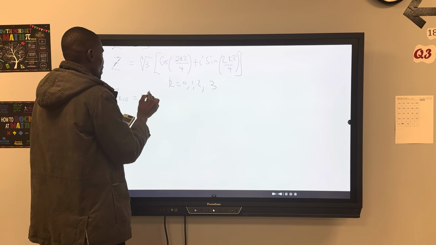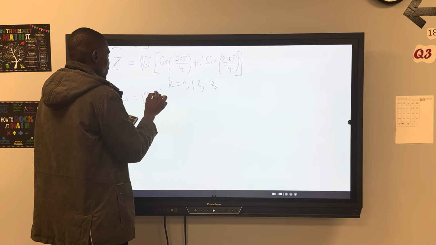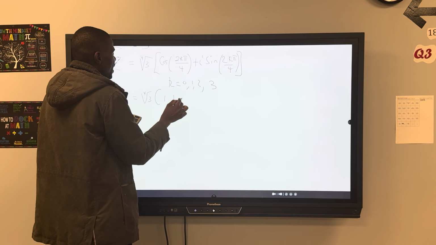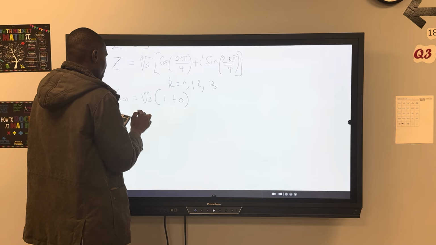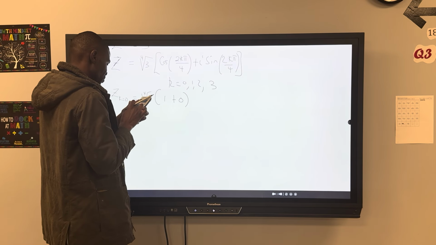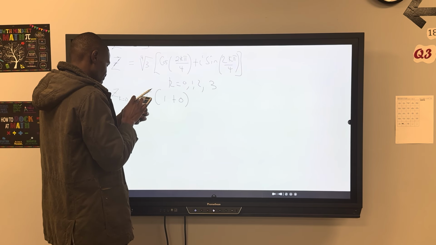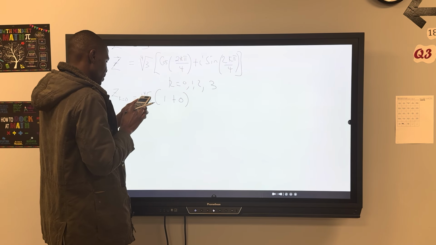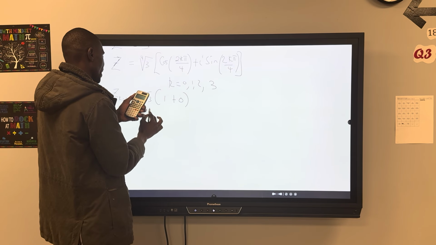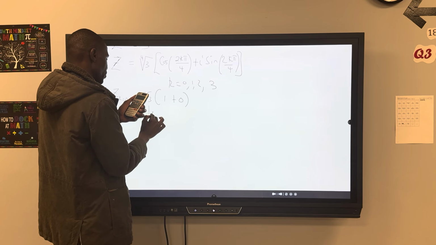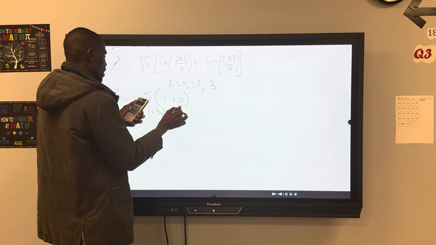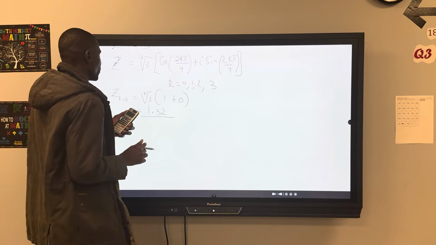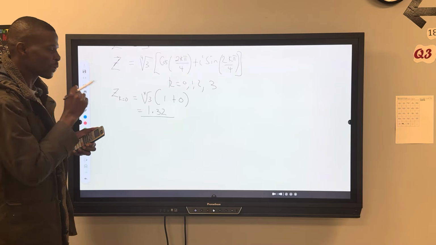So it's the 4th root of 3, times 1, plus sine 0 is 0. So the answer will be the 4th root of 3, which is 1.32. So the first one, when k is 0, we got 1.32.